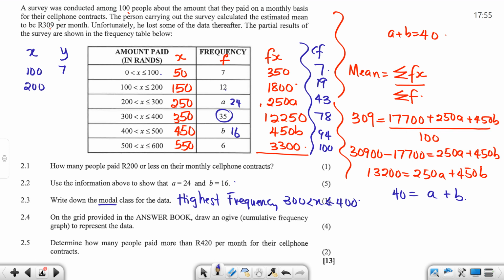I hope we are together. 19. What's the next one? 300, 43. 400, 78. 500, 94. 600, 100. Are we okay? X and Y. Upper limit versus your cumulative what? Frequency.